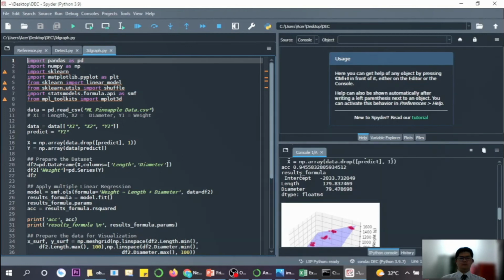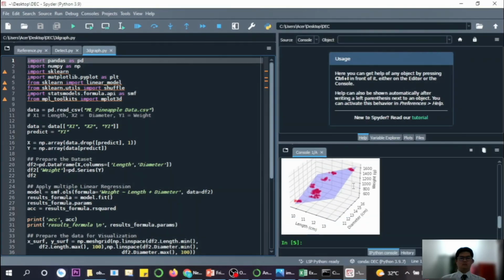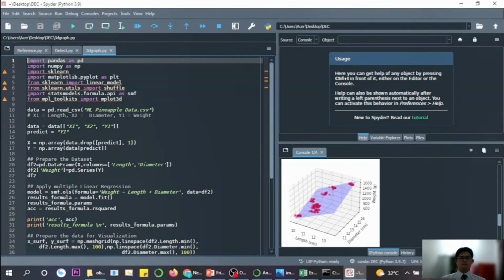For the linear regression formula, the intercept is negative 2033, the variable for length is 179, and the diameter variable is 79. So this is the graph for the weight prediction.